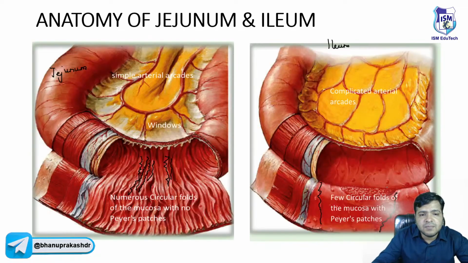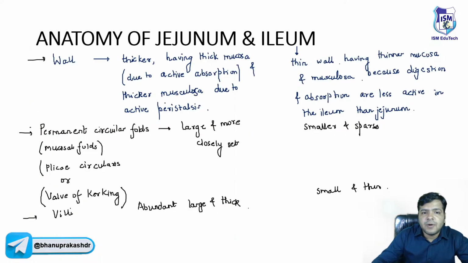Now if we come to the mesentery, you already know we have this mesentery over here, which is surrounding this. The mesentery in the jejunum is fatless.